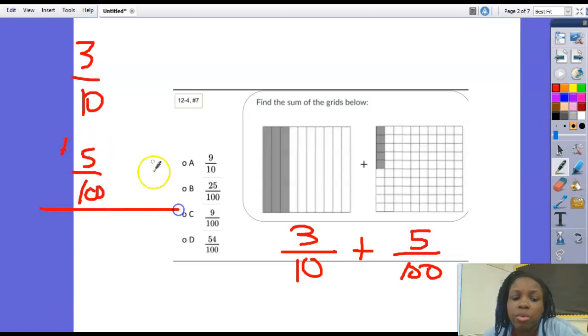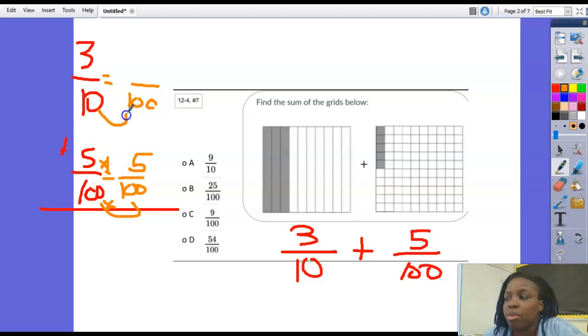So we're going to change our denominators to what? Great, 100. So 100, 100. I know that 100 times 1 equals 100. So 1 times 5 is 5. What about down here? How do you get from 10 to 100? Great, times 10. So that means 3 times 10 is 30.